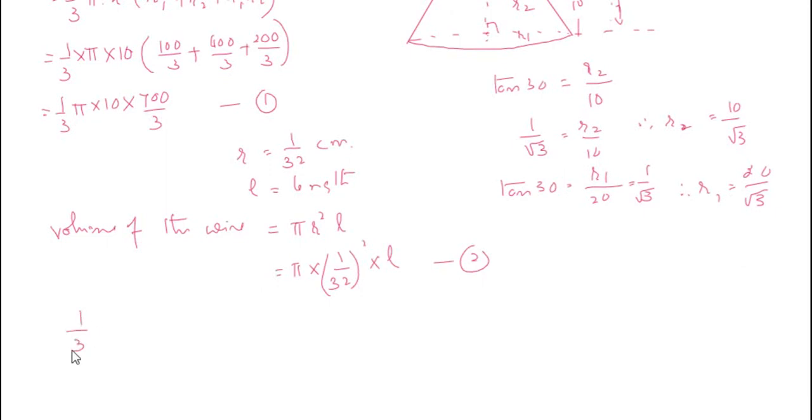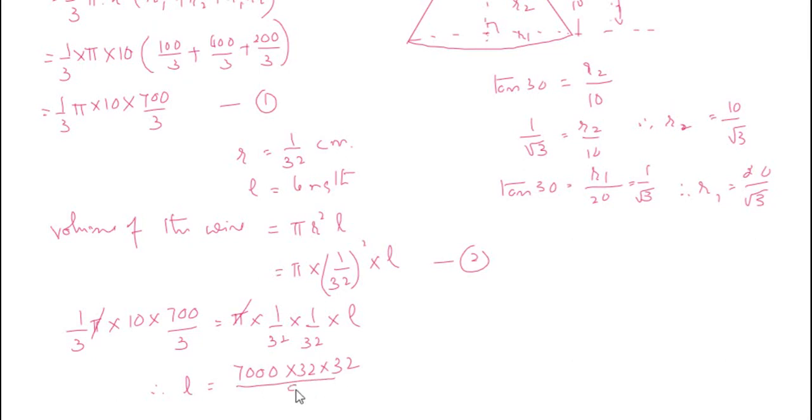1 by 3 pi into 10 into 700 divided by 3, that is equal to pi into 1 by 32 into 1 by 32 into L. Pi cancel out. Therefore L equal to, let me write the left side first, that is 7000, both the 32 will go there, 32 into 32 divided by 9.